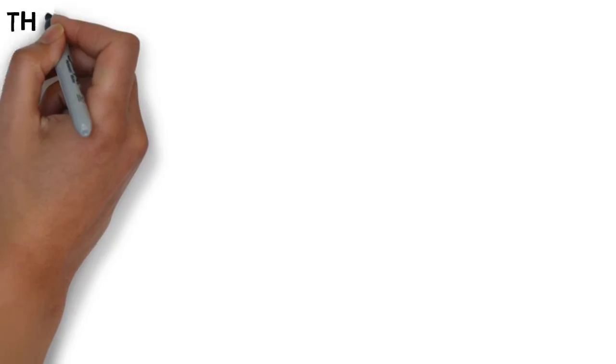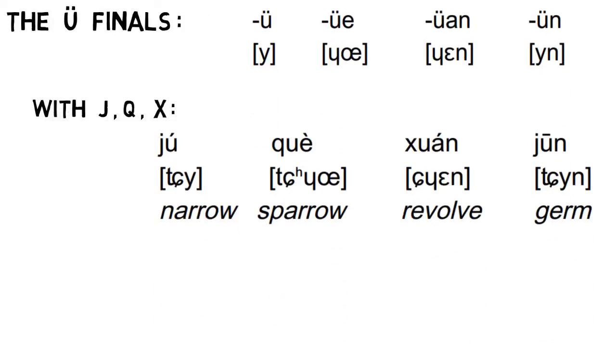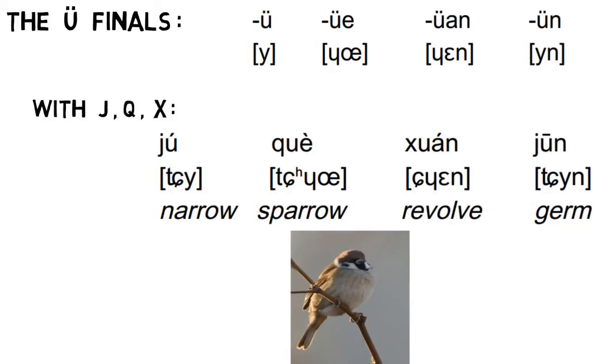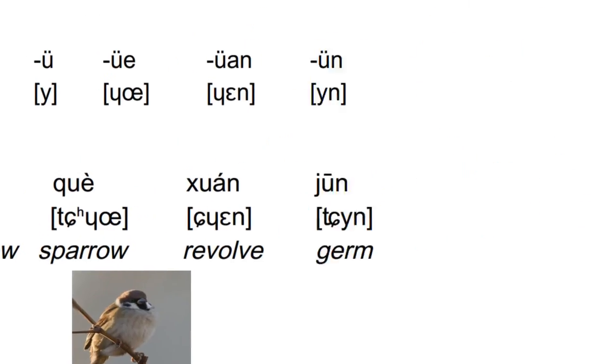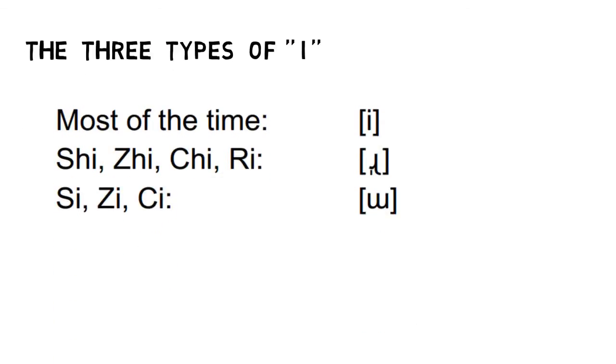We then talked about yu and how after the consonants J, Q, and X, you just use a normal U rather than a U with an umlaut over it. And last, we talked about the 3 pronunciations of the I final and how it's pronounced E most of the time, R when it comes in front of the consonants shi, zhi, chi, and r, and when it comes in front of s, z, and s.